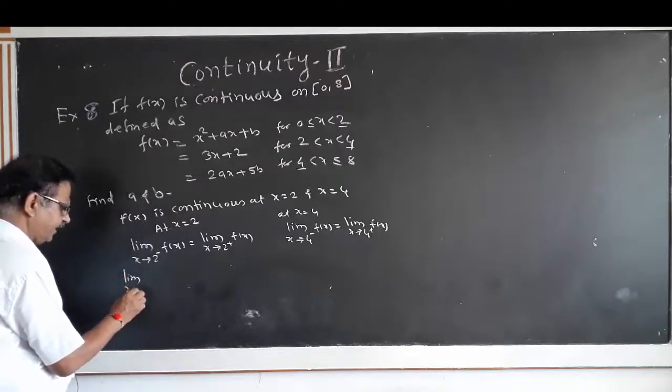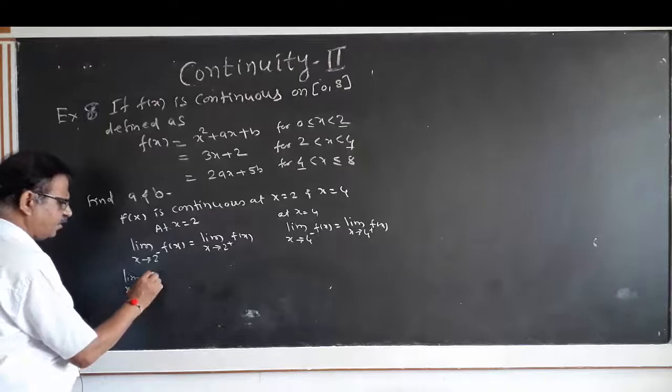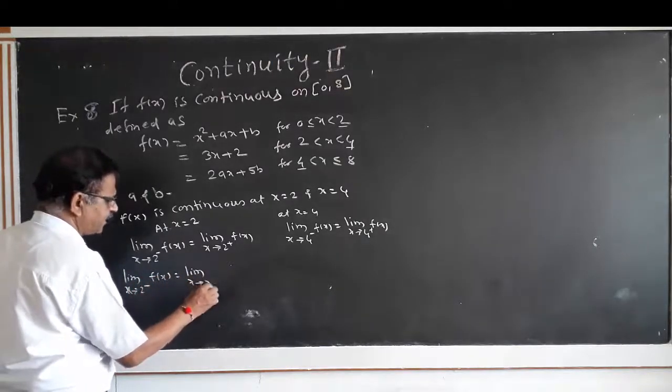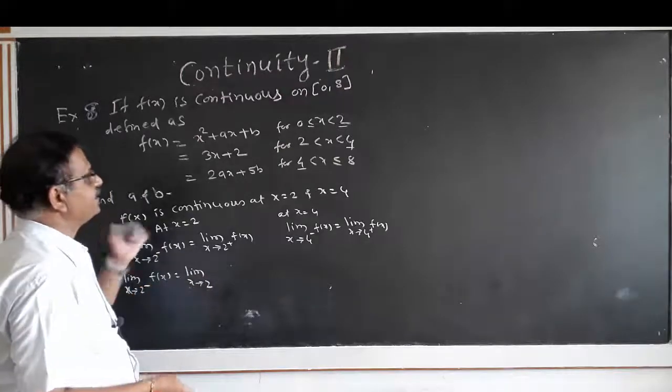Limit x tends to 2 minus of f(x): x is approaching 2 from left hand side, that means x is less than 2.